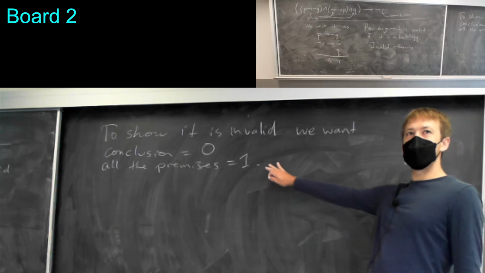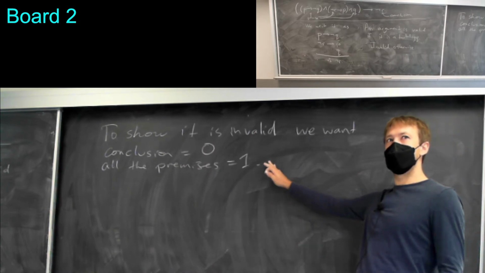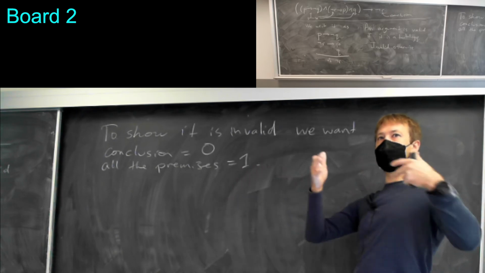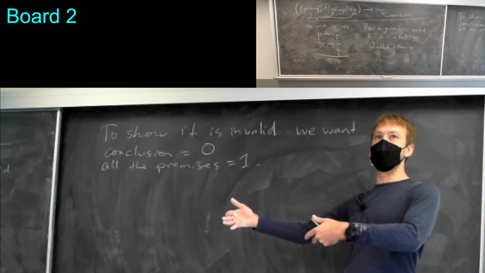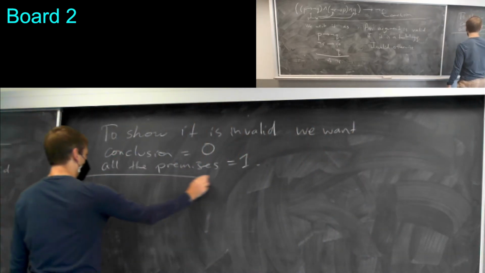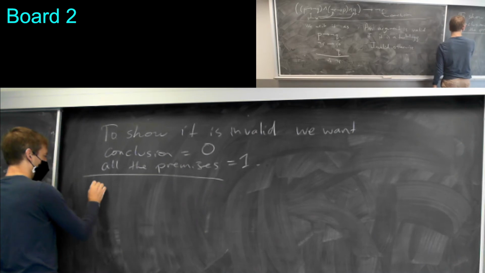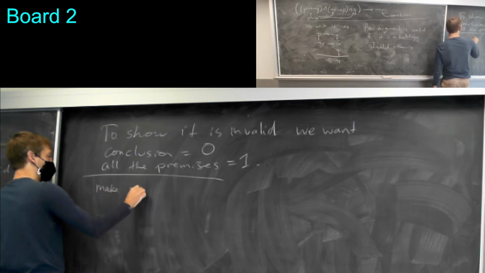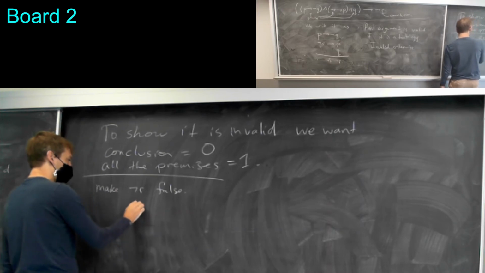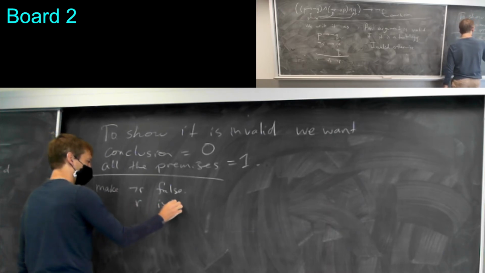But is it clear why this would show it's invalid? If I can make the premises true but the conclusion false, then the premises do not imply the conclusion. To make the conclusion false, that's easy: make not R false, which is the same as R is true.